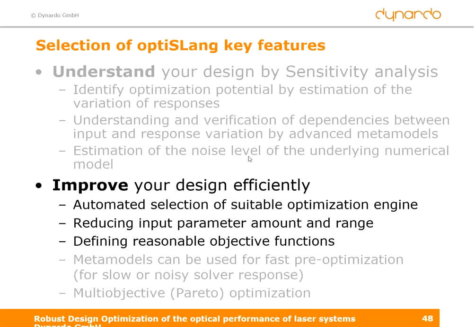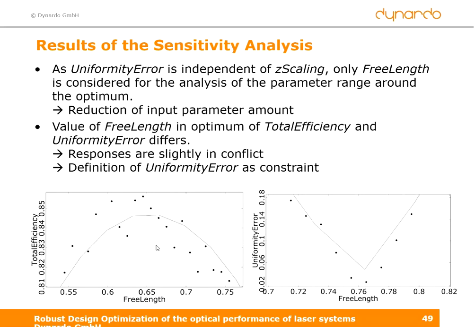So now we would like to show you how you can improve your design efficiently. After you understood all these relations, you might want to select your suitable optimization engine. You want to reduce the input parameter amount and range. And of course, you would like to define reasonable objective functions.